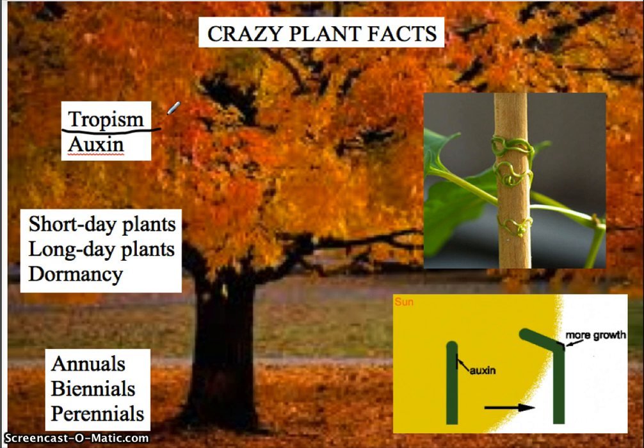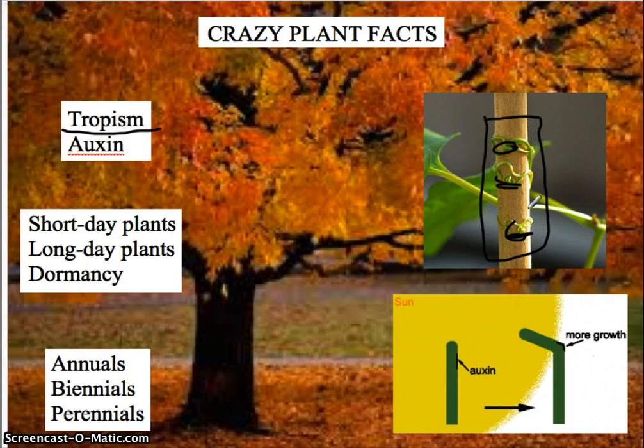The stimulus could be darkness, could be heat, but that's what tropism is, a plant's response to a stimulus. One of the plant's responses to a stimulus is called thigmotropism. You don't have to know that one, but thigmotropism is when a plant curls around what it touches. I'm sure you've seen plants that are like this. This stick happened to be there, and this plant just tends to curl around.